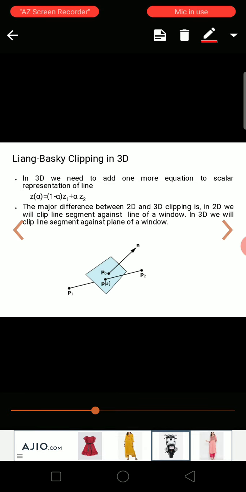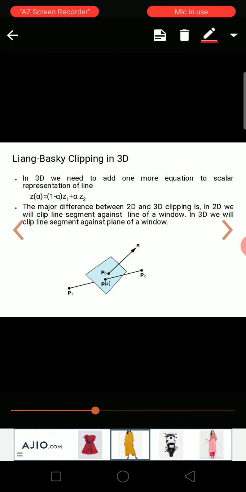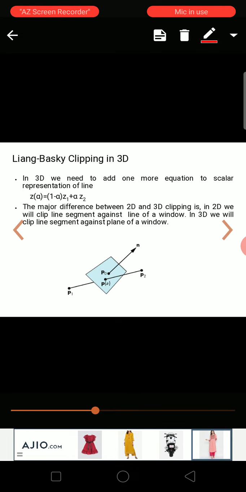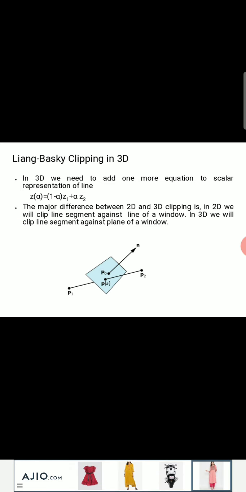The major difference between 2D and 3D clipping is, in 2D we clip the line segment against a line of a window, but in 3D we clip the line segment against a plane of a window. The point of intersection can be calculated by using this formula, where n is the normal and p naught is a point on the plane.